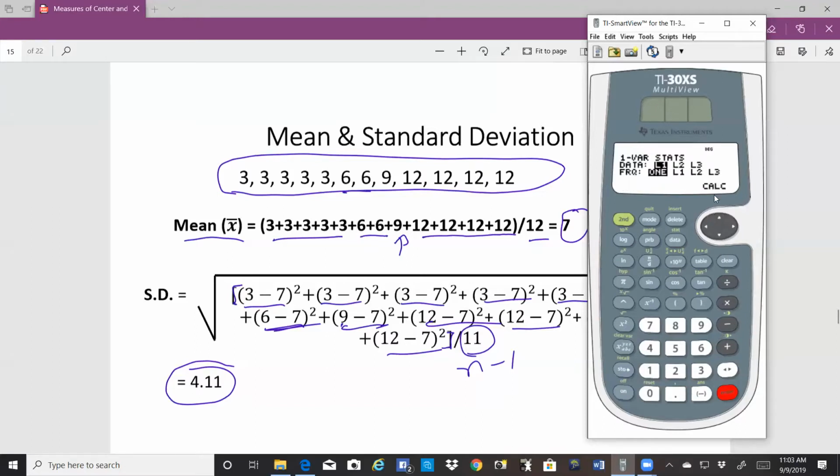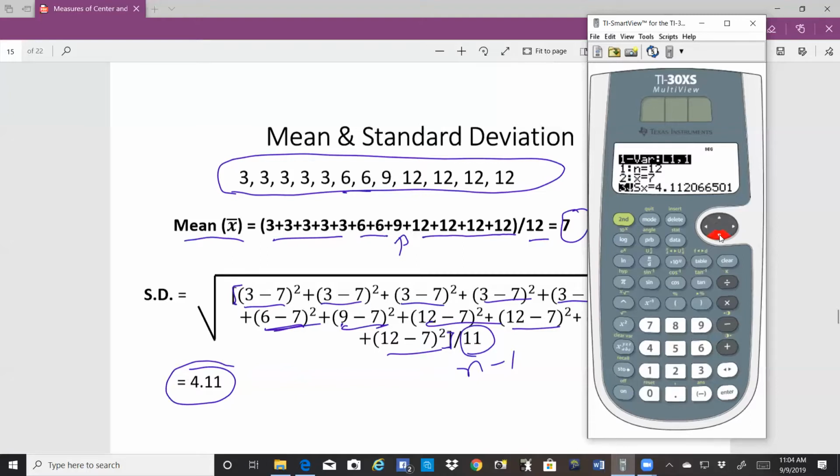It wants to know which of the data sets we want to look at. Be careful here and pick L1, and then frequency is going to be 1, and then we hit calculate. And notice we have X bar equals 7, the mean, which we just calculated. And the standard deviation is 4.11, which we said it was.